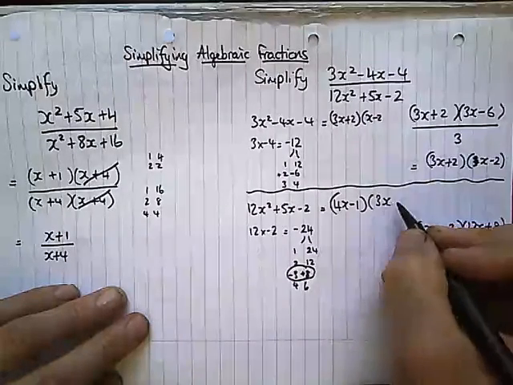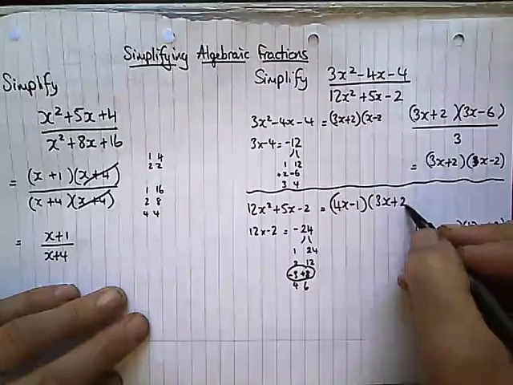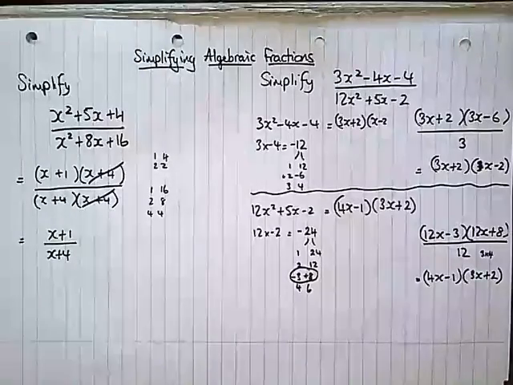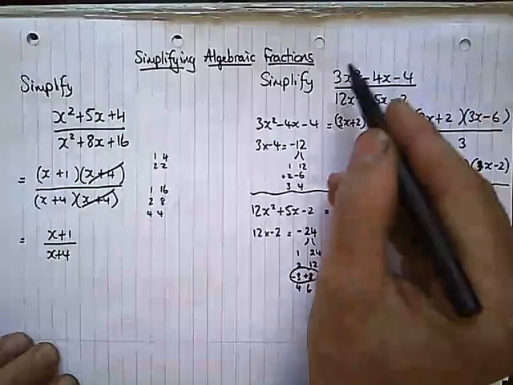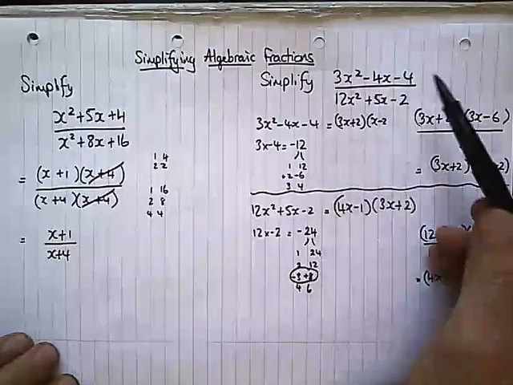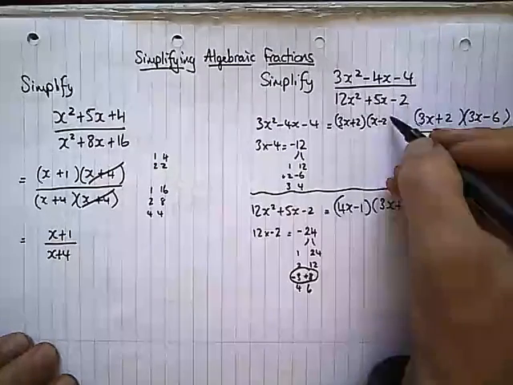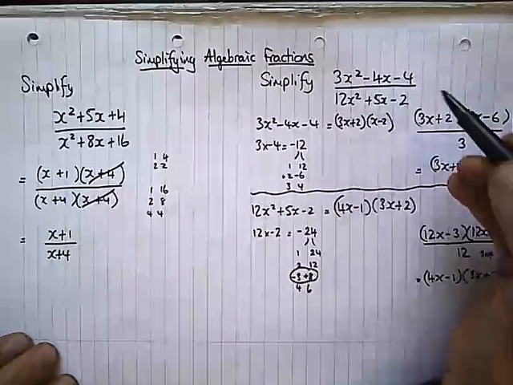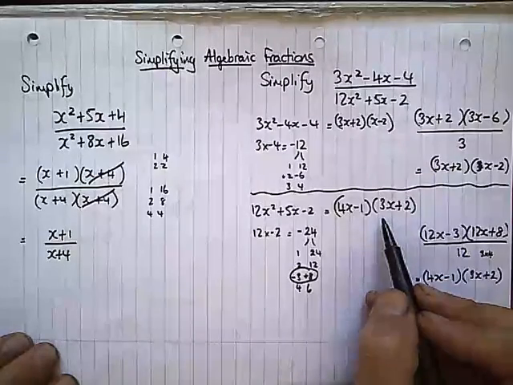I know it seems like a lot of work, but it's the only way to do this, really. So, taking the original fraction, I'm going to replace the numerator with this factorised version here, and replace the denominator with this factorised version here.